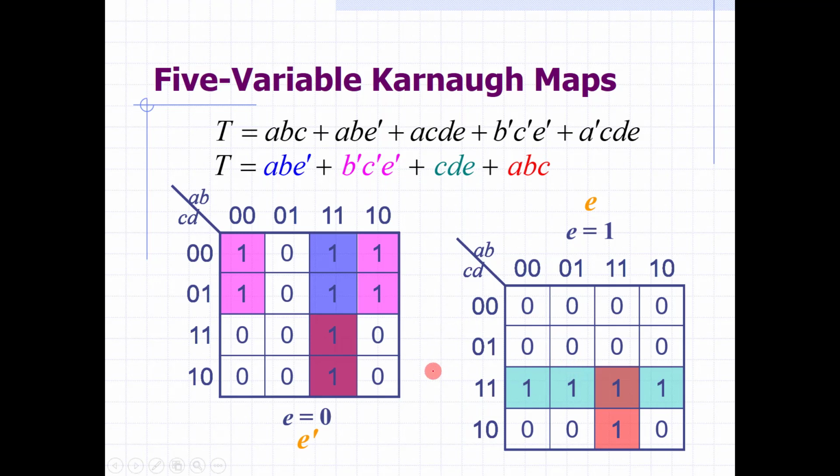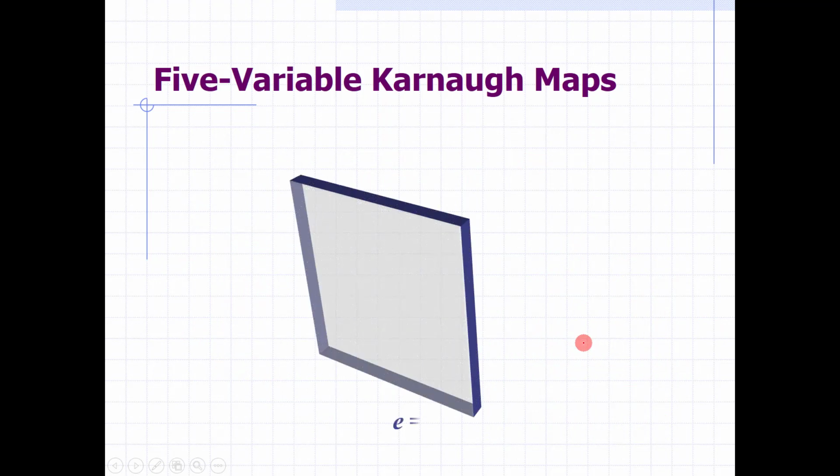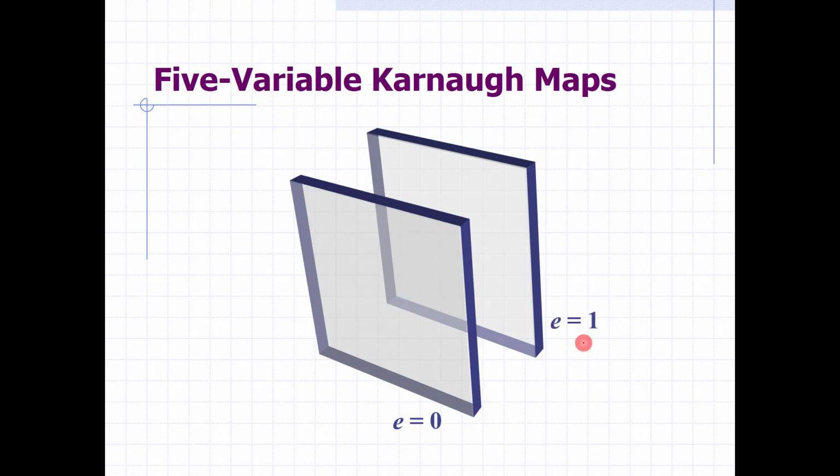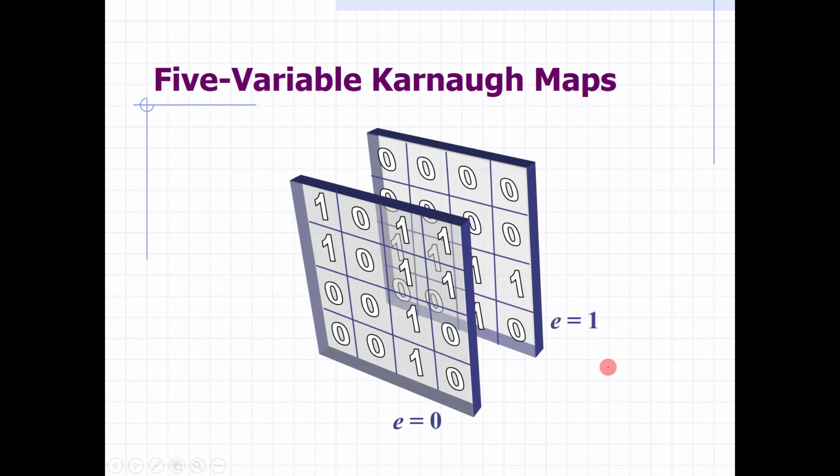These can get really hard. The one we just did here was actually very simple in terms of the number of groups; most of the groups stayed in their own table. You know, we had 2 groups in this table, 1 group in this table, and then 1 group that bridged between the 2. I tried to draw that in 3D. Basically we had our 2 Karnaugh maps, and that 1 group kind of reached between them to make a group of 4.